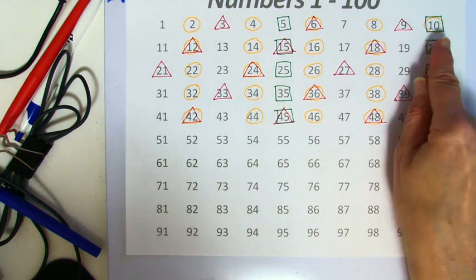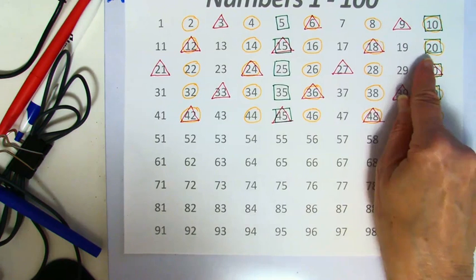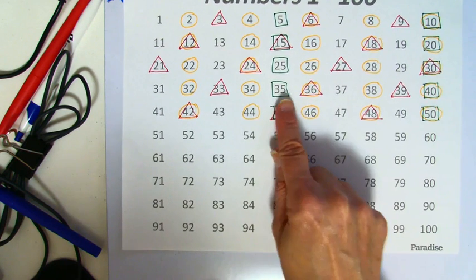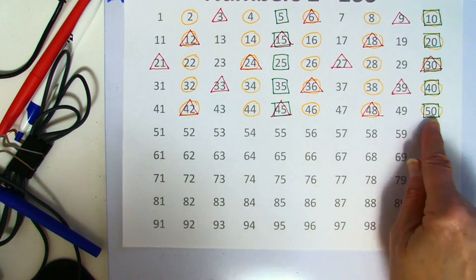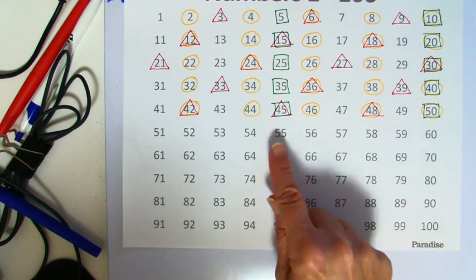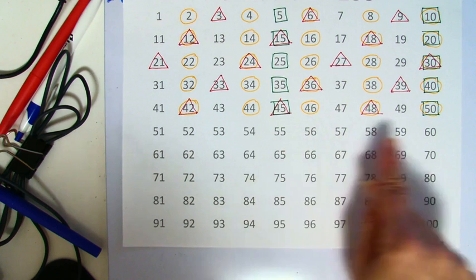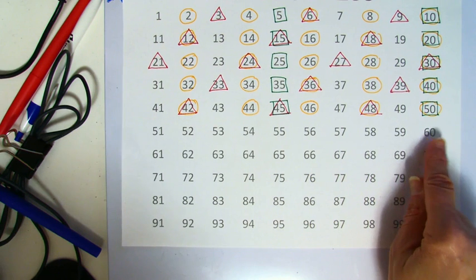So 5 and 10 are divisible by 5, 15 and 20, 25 and 30, 35 and 40, 45 and 50. And I could keep going. Any number that has a 5 or a 0 in the ones place will be divisible by 5.